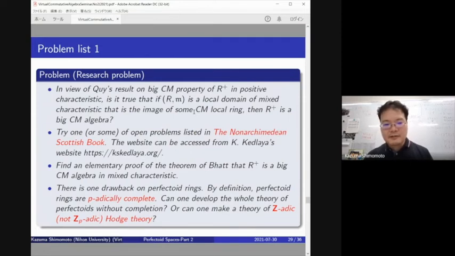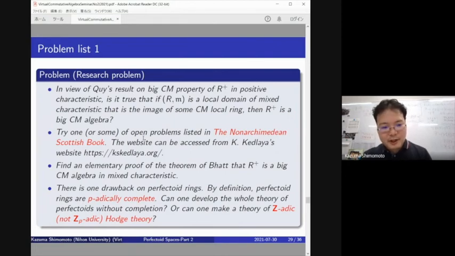Now we have a result by Bhargav Bhatt: any excellent local domain in mixed characteristic. But can we push this further to this situation? For this one, I don't know. So maybe we can try without knowing too much about perfectoids or prismatic homology.